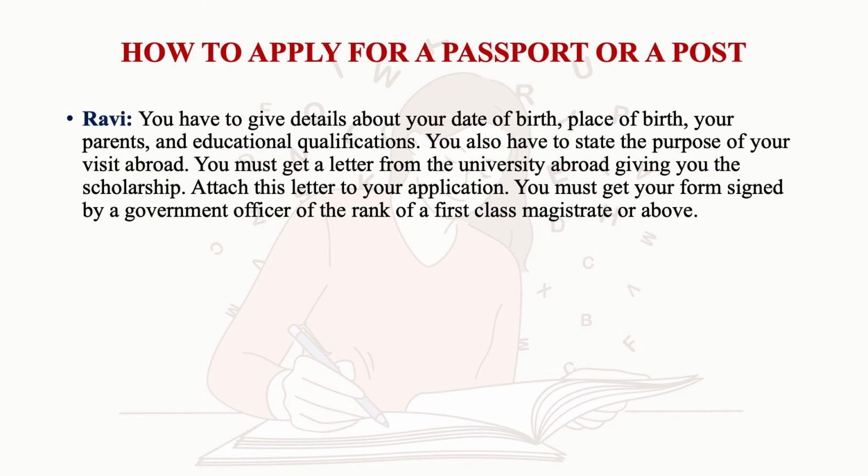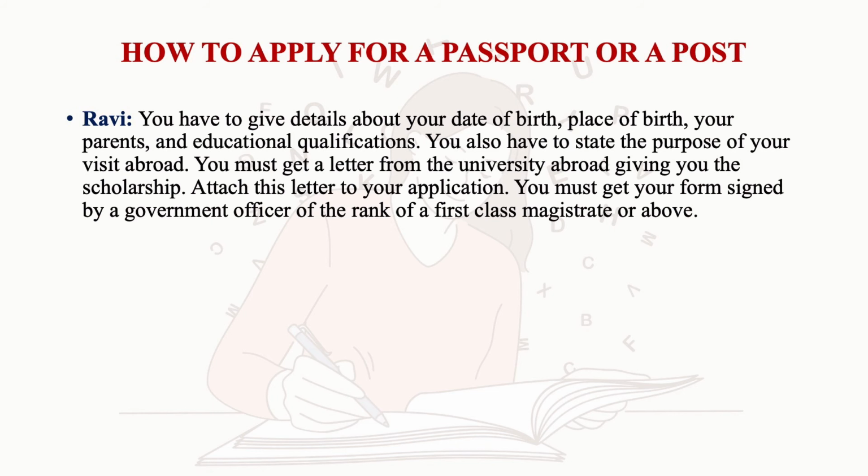Ravi: You have to give details about your date of birth, place of birth, your parents, and educational qualifications. You also have to state the purpose of your visit abroad. You must get a letter from the university abroad giving you the scholarship.